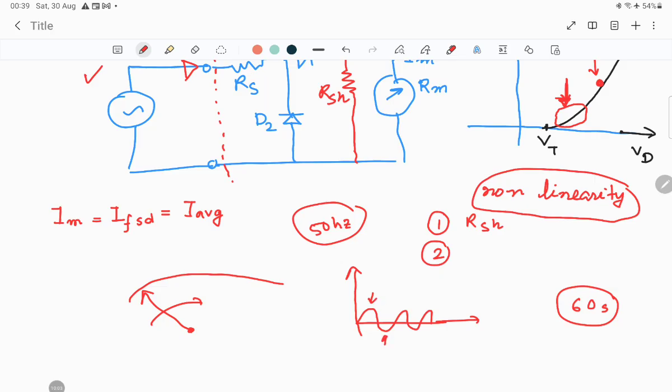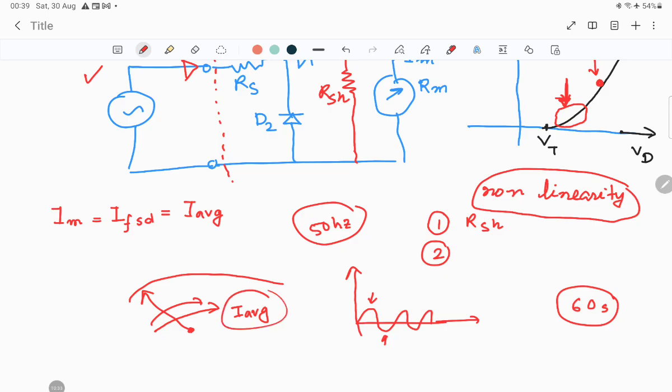So instead of following these AC signals, it shows a smooth transition from the zero value to the selected voltage or the desired voltage range on the scale. The pointer will move in a smooth manner and it will show the average value.